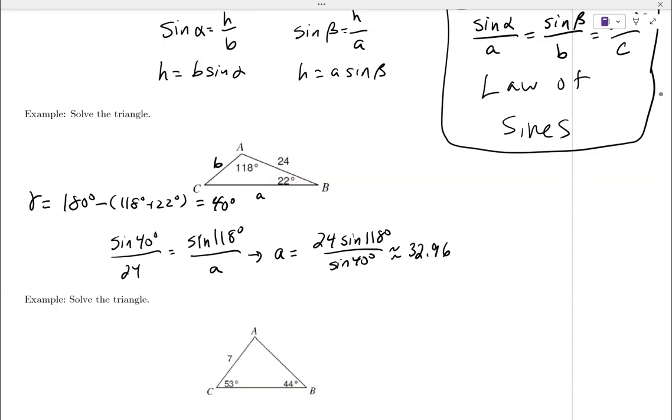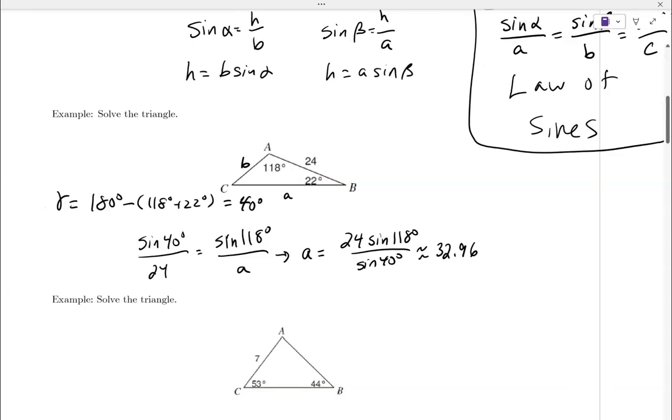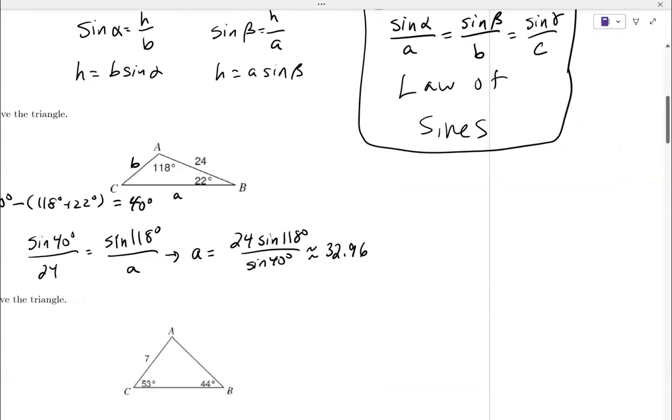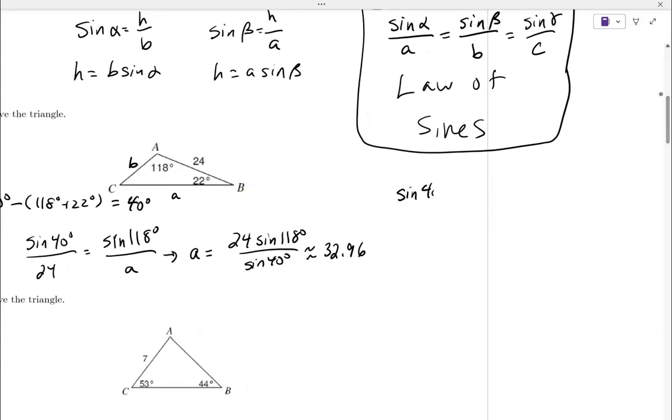So how would we figure out B using C again? What would you set up to find B? Good. We're still going to use that sine of 40 over 24, but instead of looking at the A, let's look at the B. Same equation, just different things here, but the same way we set up the equation.